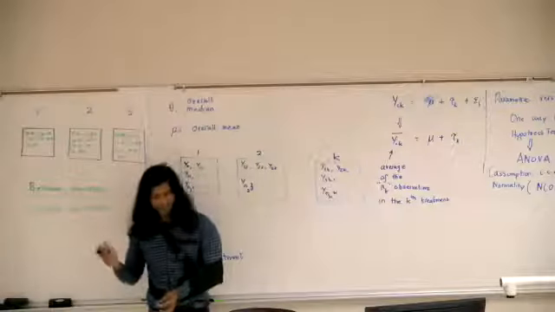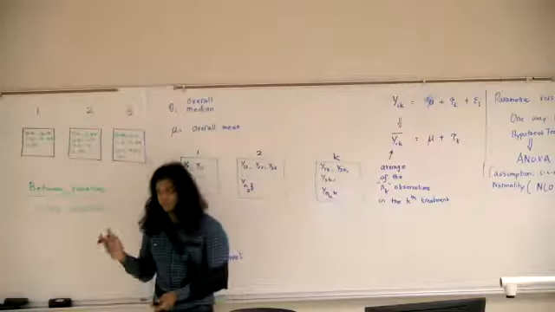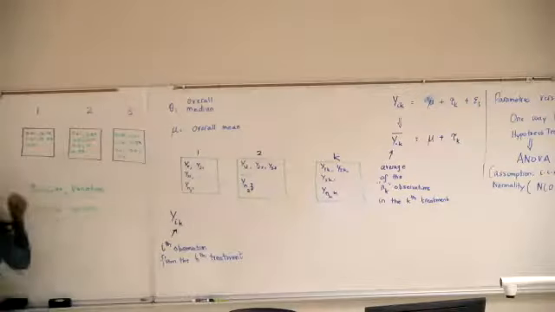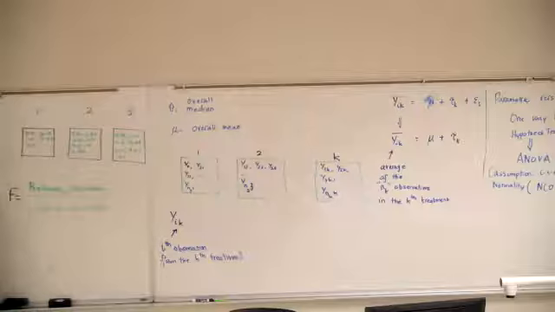Good. Hence the name analysis of variance. Do we get it? We usually F it up. That will have an F distribution. We're not going to do that. So that's how ANOVA is done.